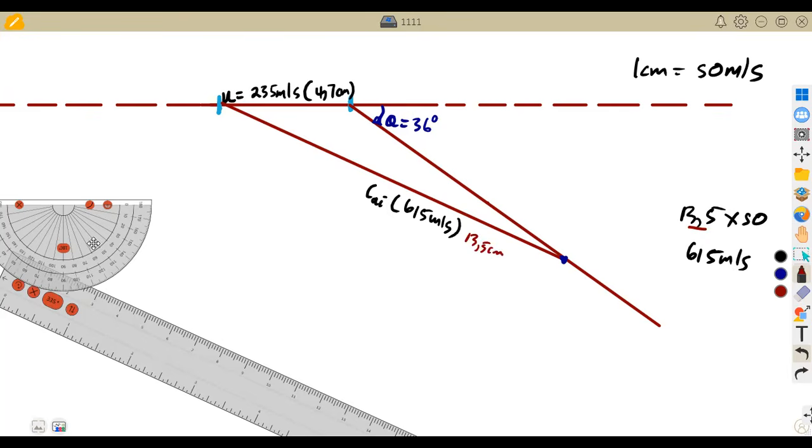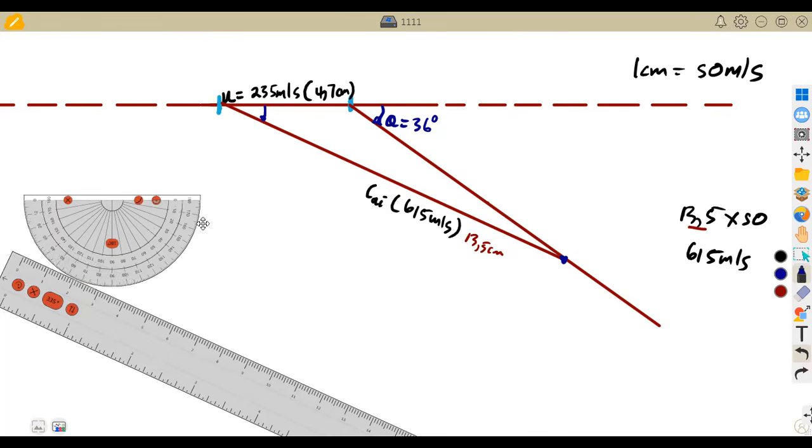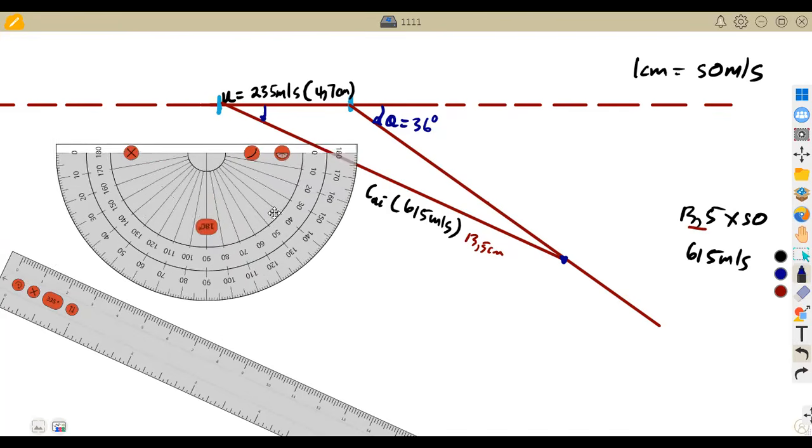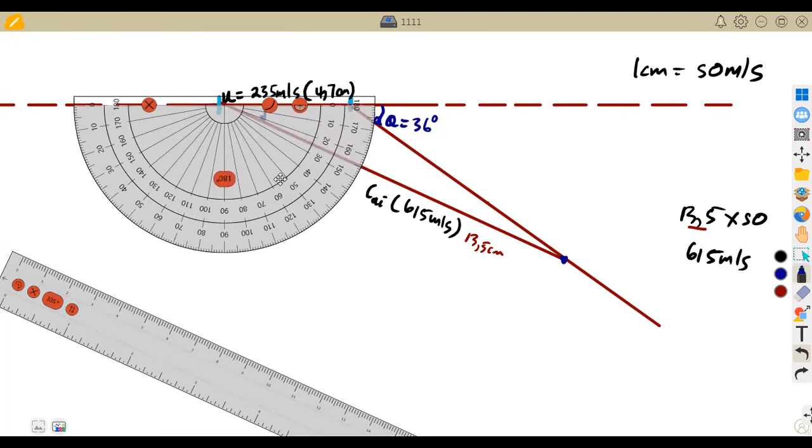All right. So as you are constructing, you are building up your diagram. Also, you can even measure this angle here that we have. We can even measure this angle to say that if we place our protractor here at this point, we can measure going anti-clockwise. That's 0, 10, and so on. So that is at 0 point. All right. So make sure that it is at 0 point.